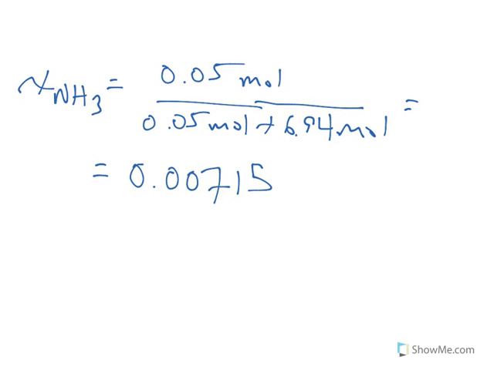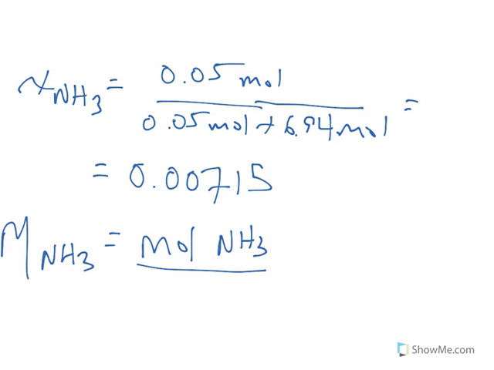All right. Now, the next exercise that we had to do was calculate the molality of NH3. So this will be a little easier because we've done most of this work. That is the moles of ammonia over the kg of solvent. So the moles of ammonia we've already done is 0.05 mole.